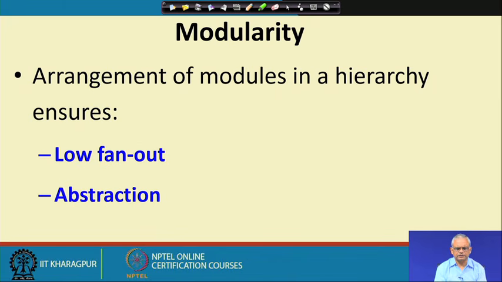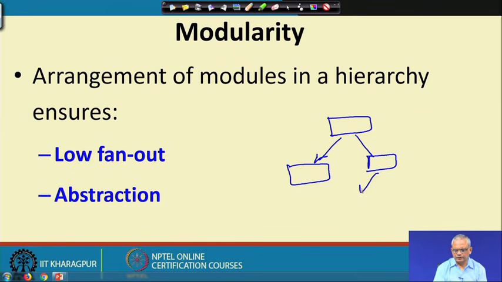We will look at these concepts as we proceed, but let me mention briefly that in a tree-like diagram, if we want to understand this module, we see that it calls only the lower modules, and maybe we will have to look at these two.